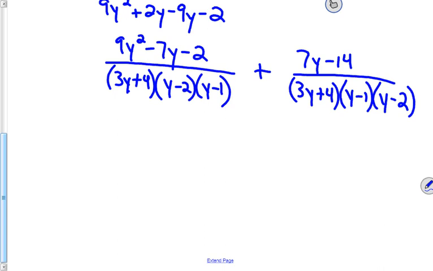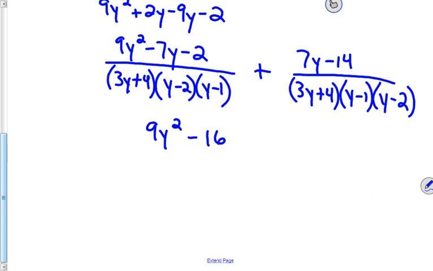There's only one squared term, the 9y squared, so that's going to stay 9y squared. I have a minus 7y and a plus 7y, so those are going to cancel each other out. And I have a minus 2 plus a negative 14, so that's going to be negative 16.